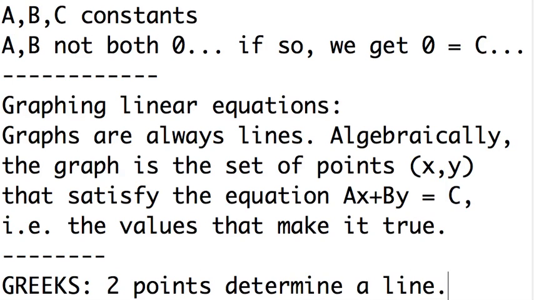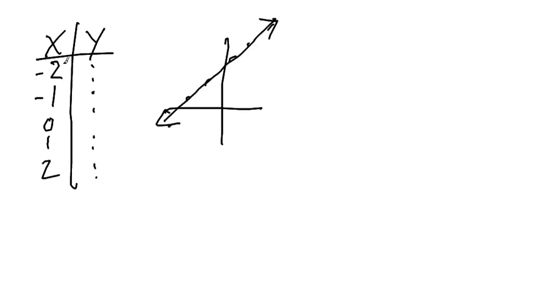If we want to draw a line, all we have to do is draw 2 points and then draw the line through them, and that is uniquely it. So all we need to do is find 2 points. Now, we could, again, just go back and maybe plug in -1 and -2 for x, and then find some y values and plot them.